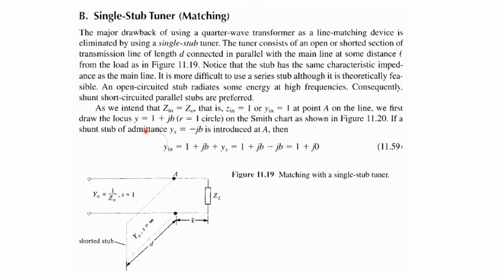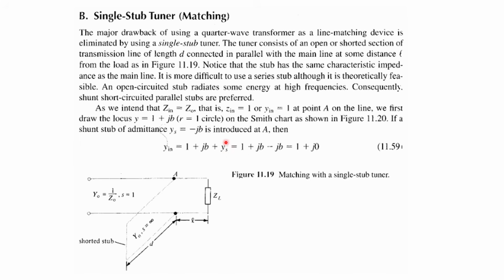Now further, if we want to remove this jb, then we have to connect a stub in parallel such that ys should be minus jb, right? So we can write y in is equal to 1, that is the case of impedance matching, and jb, that is the actual transmission line admittance, plus ys, that is the shorted stub admittance, which is parallel.